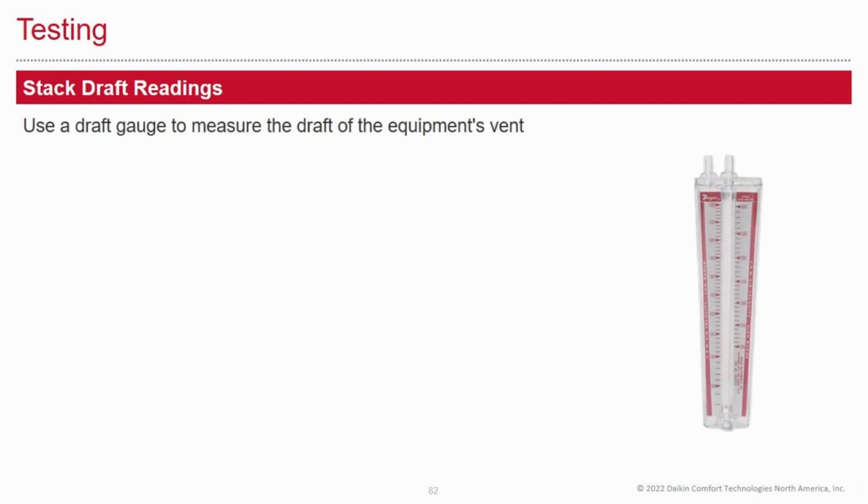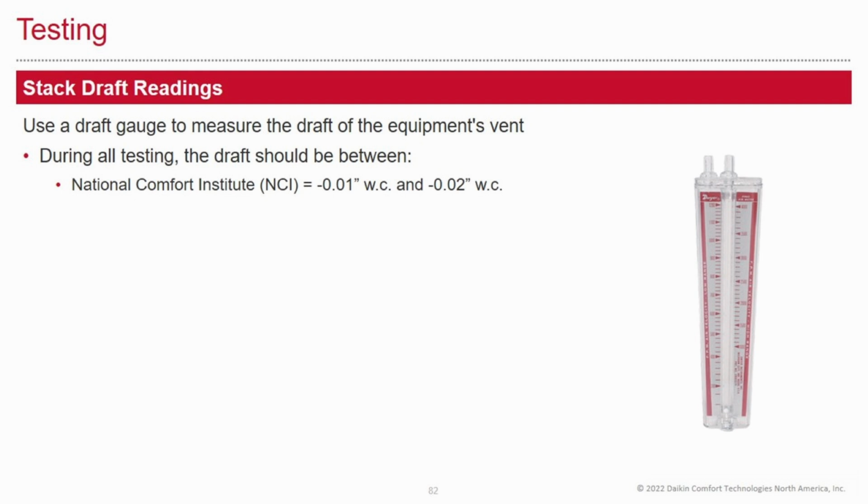Stack draft readings. Use a draft gauge to measure the draft of the equipment's vent. During all testing, the draft should be between 0.01 inches water column and 0.02 inches of water column, according to the National Comfort Institute. Typical is between 0.02 and 0.04 inches of water column.